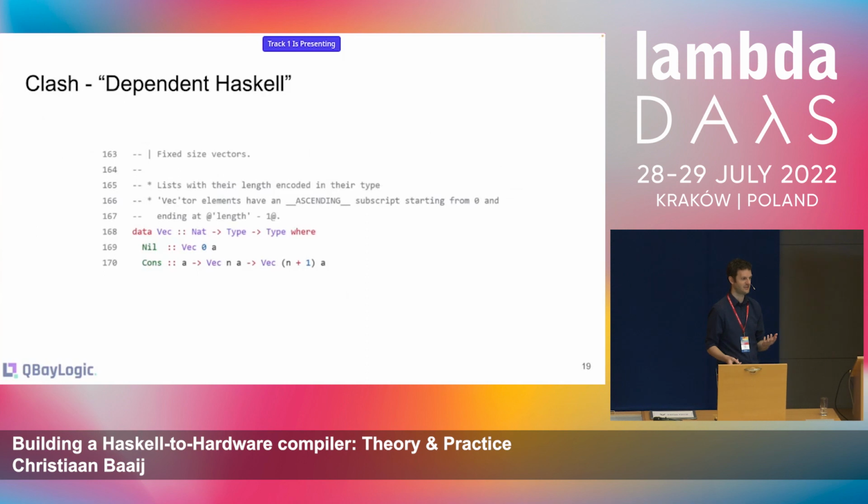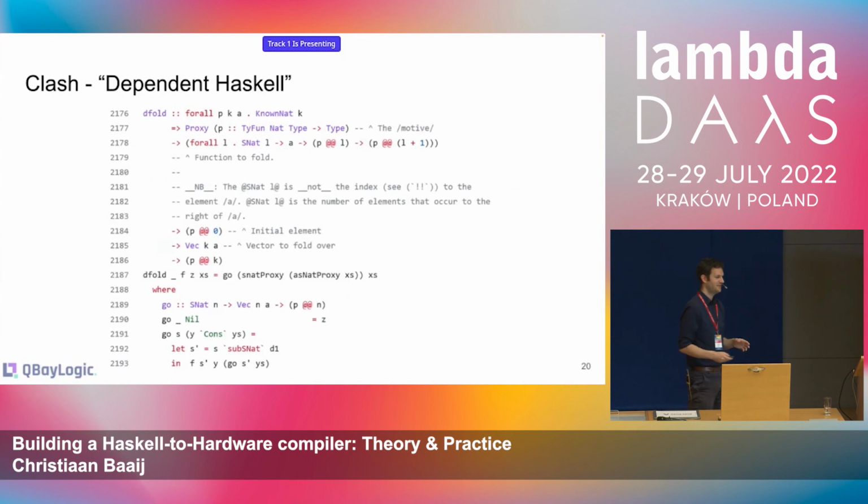So we have the nil constructor that has 0 elements, and then the cons constructor can add an element to a vector of length n, and then you get a vector of length n plus 1. In this way, we know exactly how many elements there will be, and we know exactly how many wires we'll need to put down for our inputs or for our outputs.